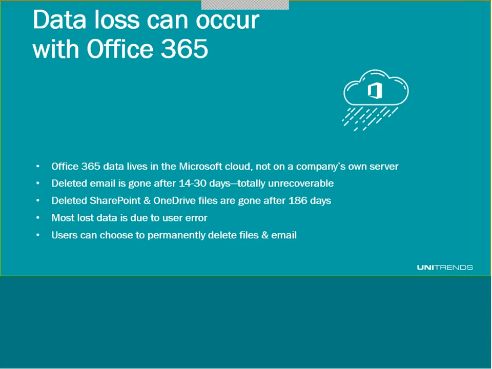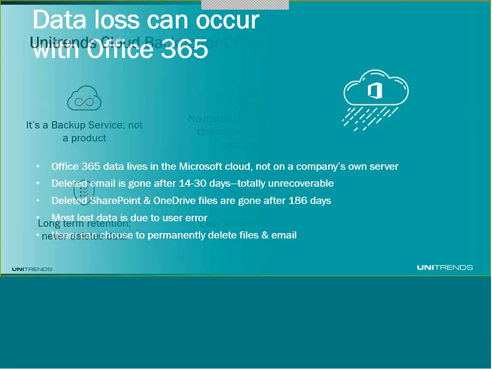Literally, it can take up to 4 hours to recover an email that's lost if you use Microsoft standard recovery practices. But if you get the Office 365 application from Unitrends, it's a self-service feature. You go in and you can recover your lost emails in seconds.